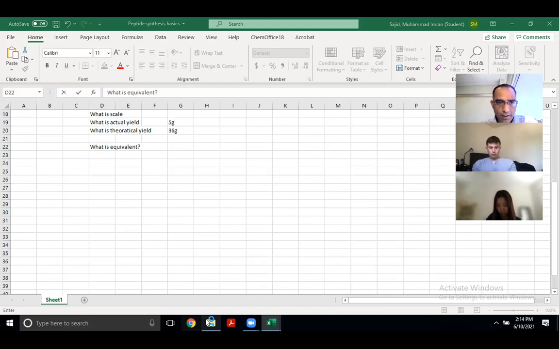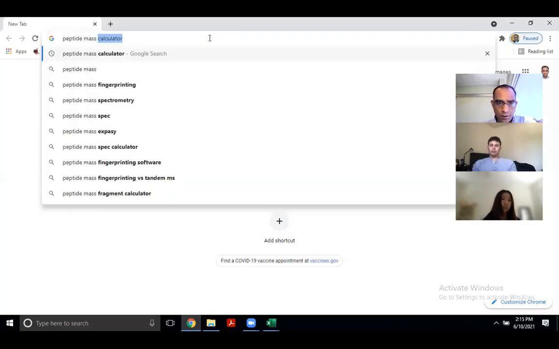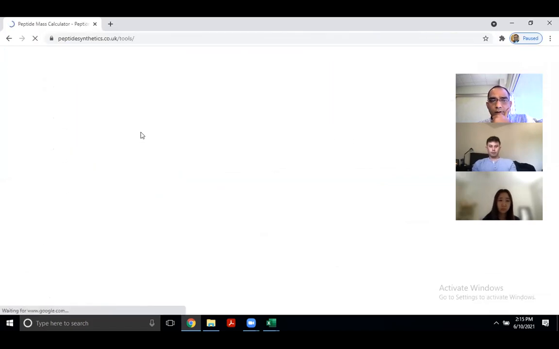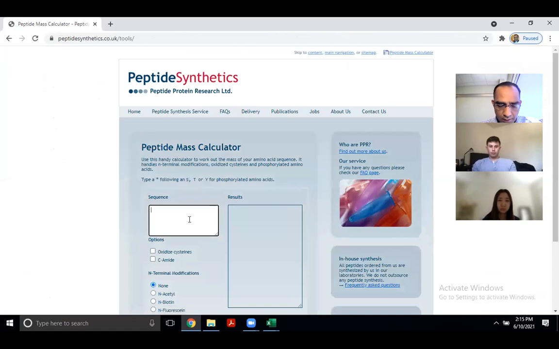This peptide mass calculator. First, I have a peptide which is WR, WR, WR, WR. What is W? Tryptophan. What is R? Arginine. So it is W4R4, right?